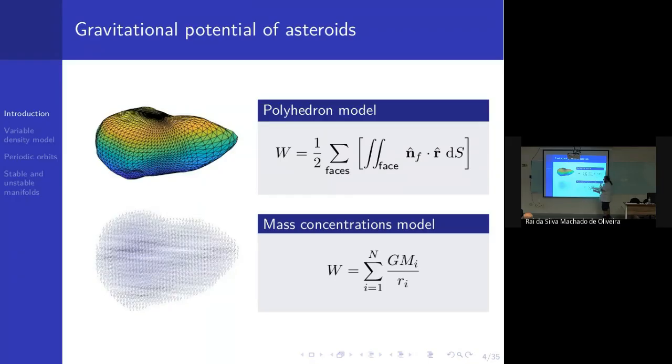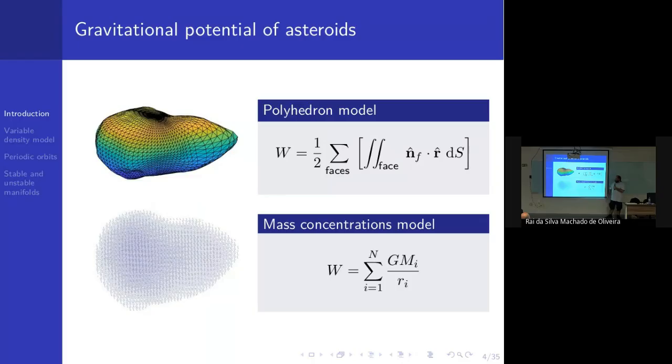I don't know if you can see from here, but the asteroid is composed of many points, whose gravitational potential is just this. So the total gravitational potential of the asteroid is the sum of the potential of all the points.